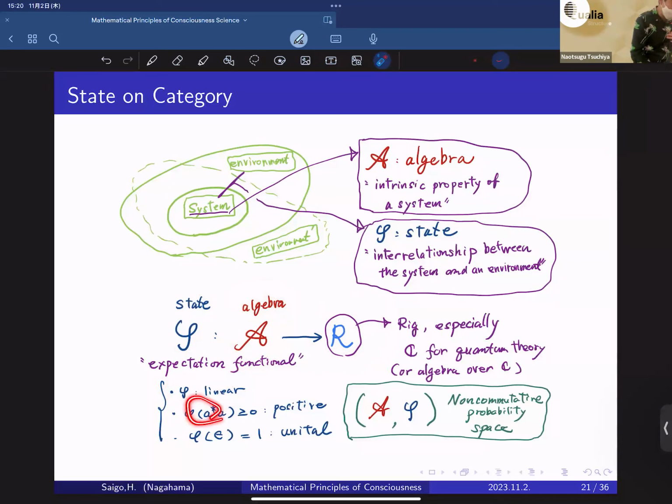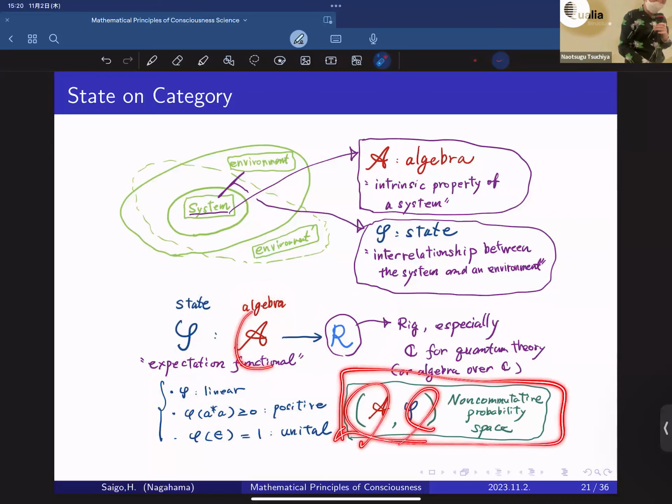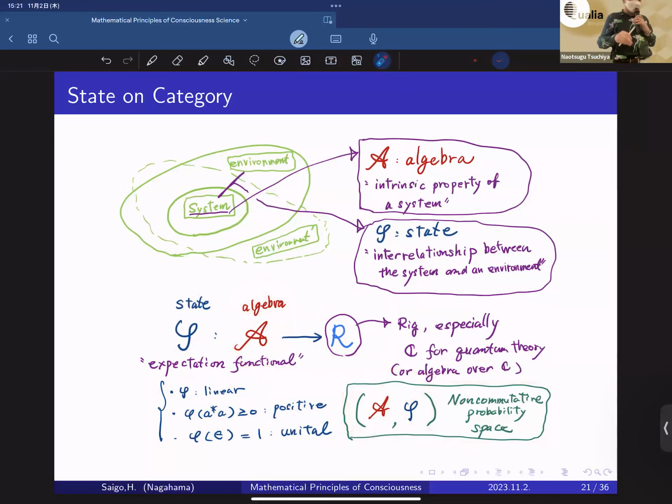The positive thing should have a positive expectation. The do-nothing thing, the always-one thing, should have the value one. The pair of these things is called a non-commutative probability space. And this is a basis for all the so-called non-commutative probability.